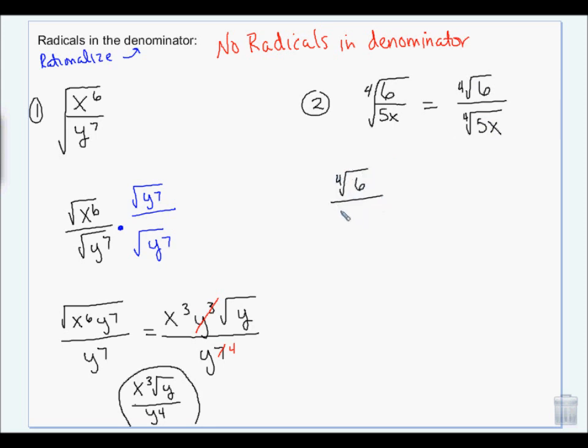So when I multiply this by, if I want 5 to the 4th, I need to add 3 more 5s. If I want x to the 4th, I need to add 3 more x's.